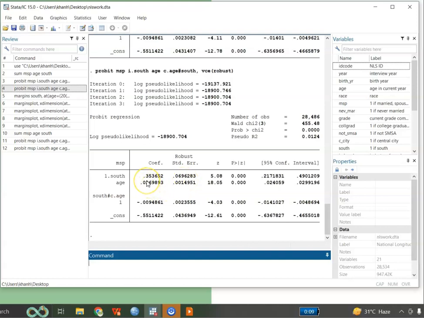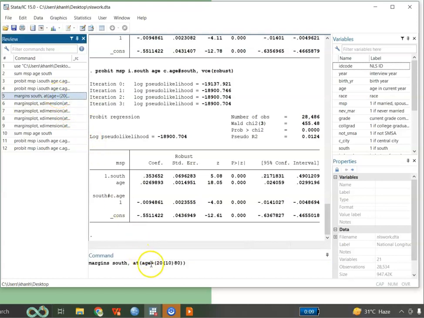So these are the coefficients. Since these are a little bit difficult to interpret, let me estimate or compute the marginal predictive probabilities for those living in the south at different age groups.